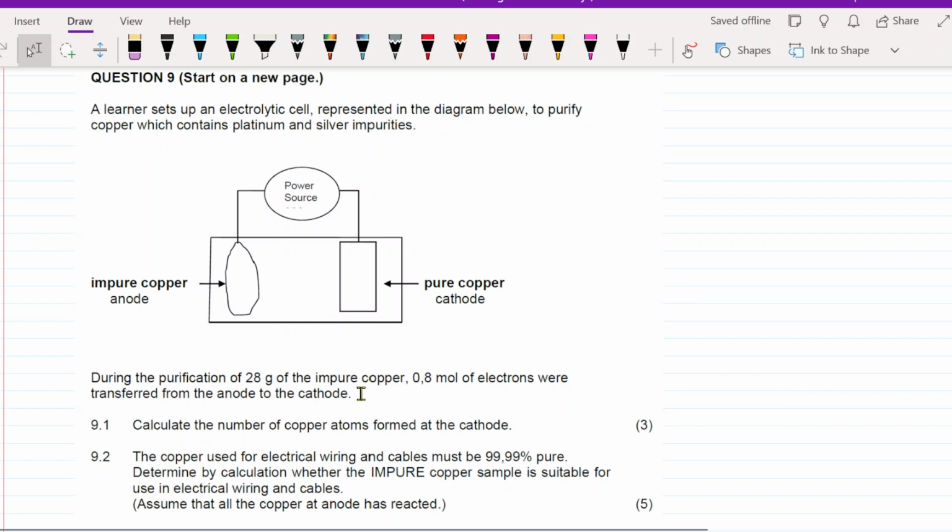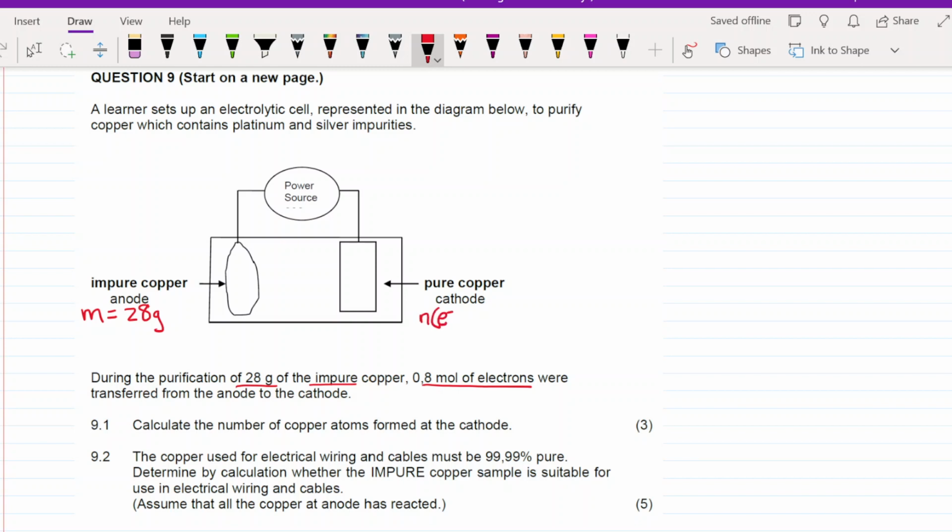Right there, we need to write this down. The impure copper is 28 grams. So the mass here is 28 grams. 0.8 moles of electrons were transferred. In other words, the number of moles of electrons transferred was 0.8 moles.